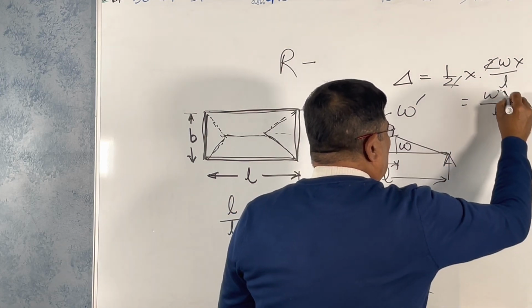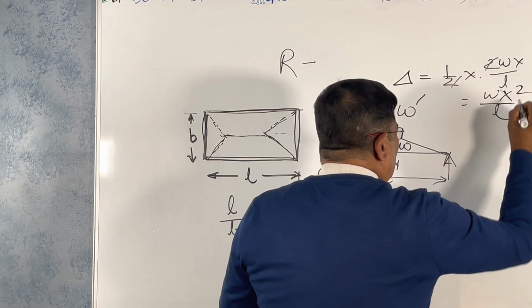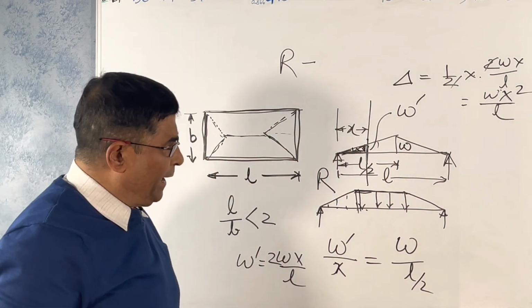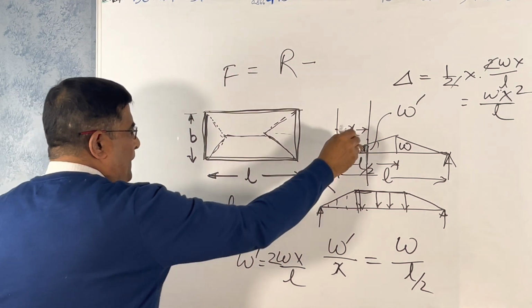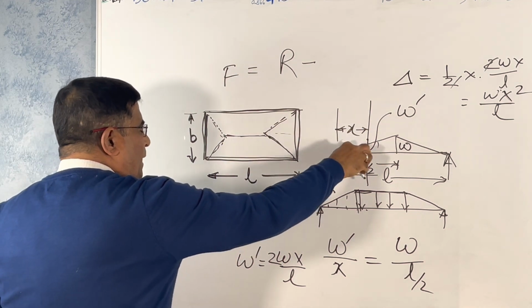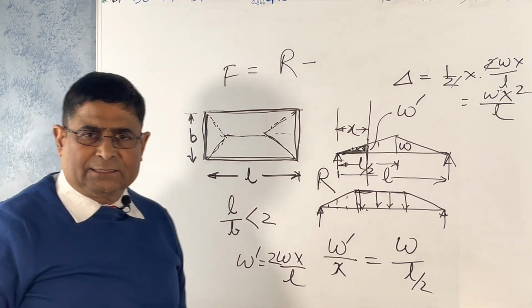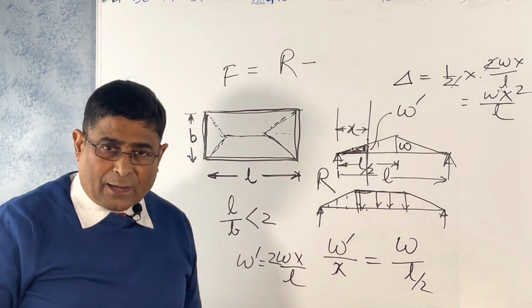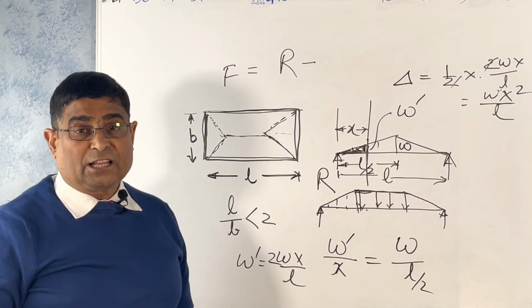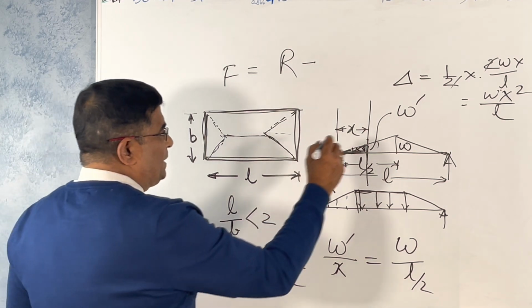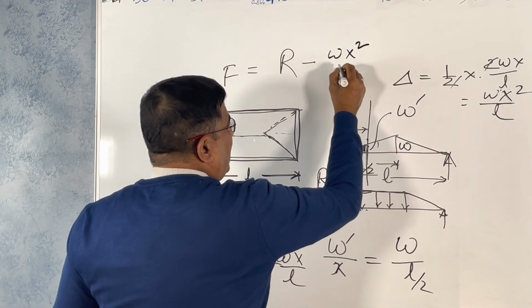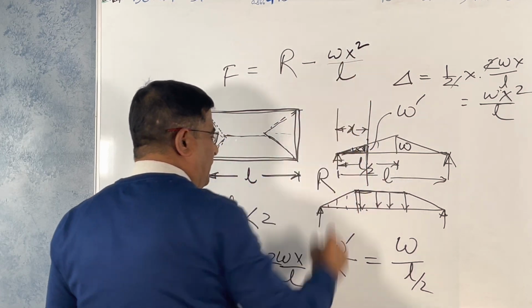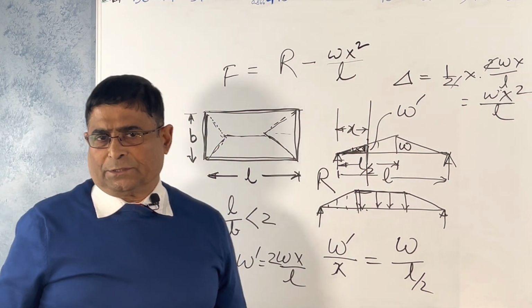That means Wx square over L. So the shear force at this point is the total unbalanced transverse force, which equals R minus Wx square over L. That is the situation.